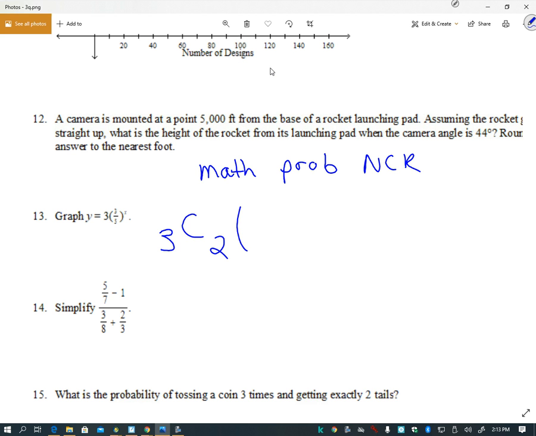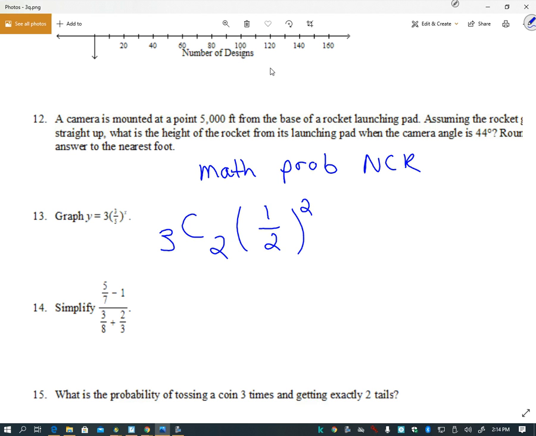The next thing that we want is the probability of a success. What is the probability of flipping a coin and getting a tail? It's 1/2. Now, the exponent that we want is the number of times we want that success to happen. How many times do we want tails to occur? 2.